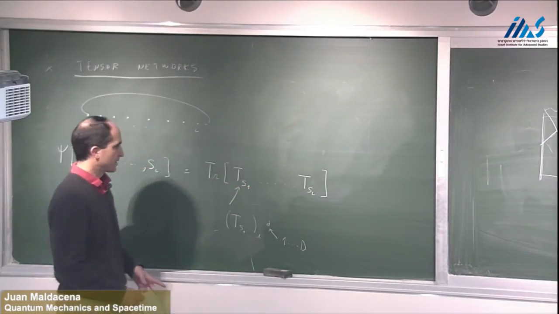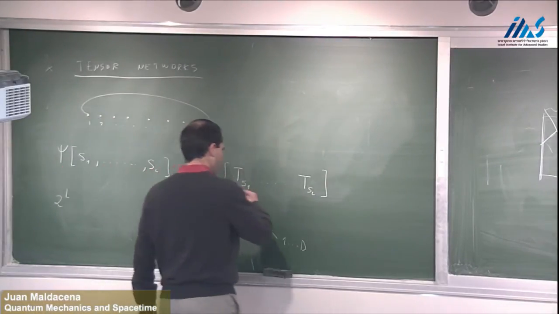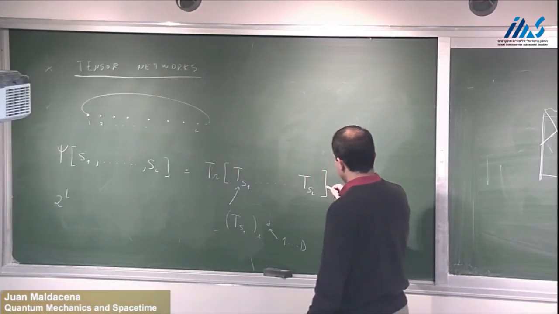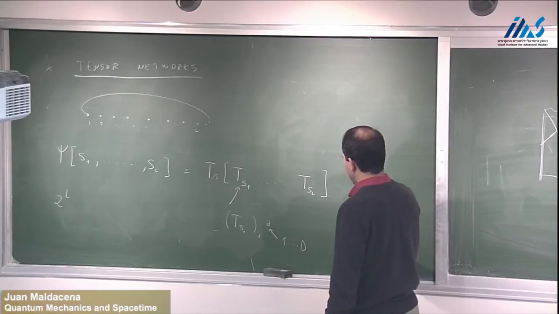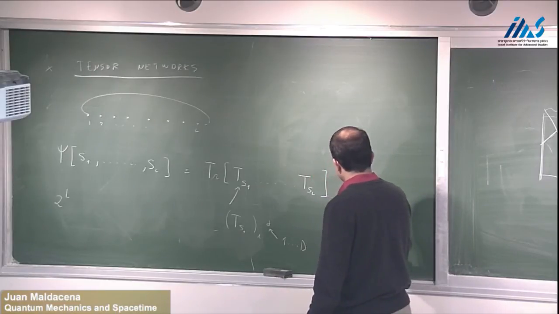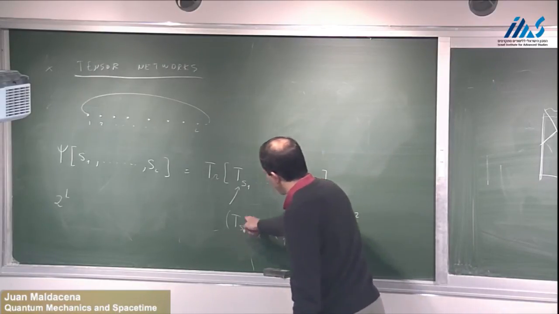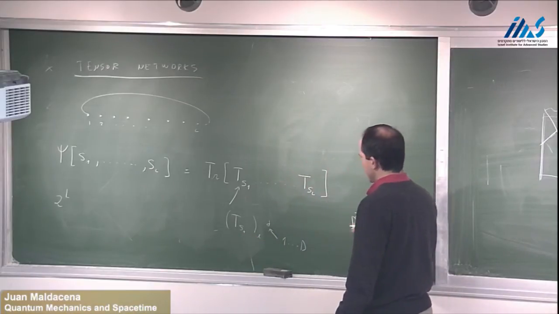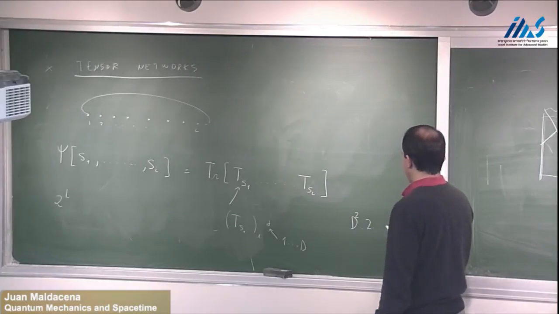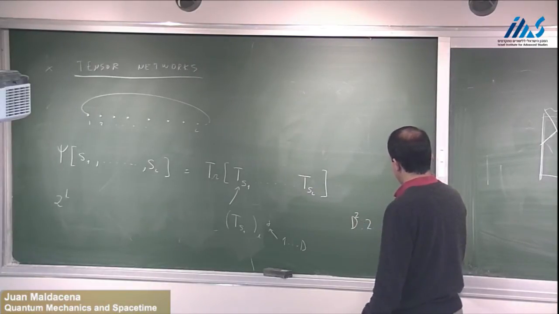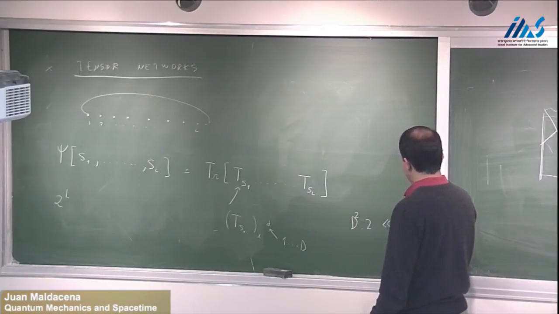In fact, the dimension of the space of wave functions that can be written this way is equal to, well, we have D squared complex numbers for the tensor times 2 for the 2 values of the index for each one. And so that's the dimension of the space. And for finite D and for large L, this is much smaller than 2 to the L, right?